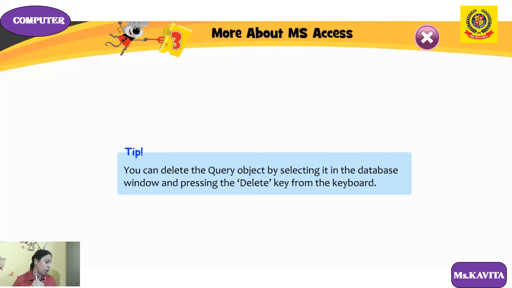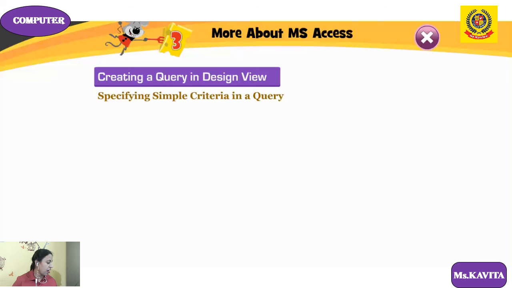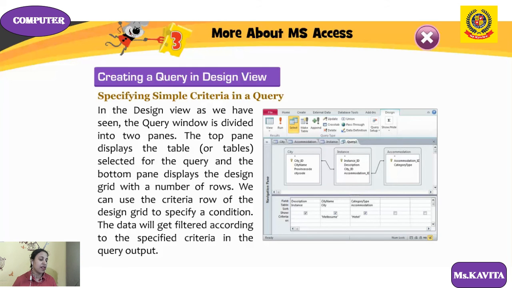Now, specifying simple criteria in a query. How can you specify simple criteria? In the design view, as we have seen, the query window is divided into two panes. The top pane displays the tables selected for the query and the bottom pane displays the design grid with a number of rows.